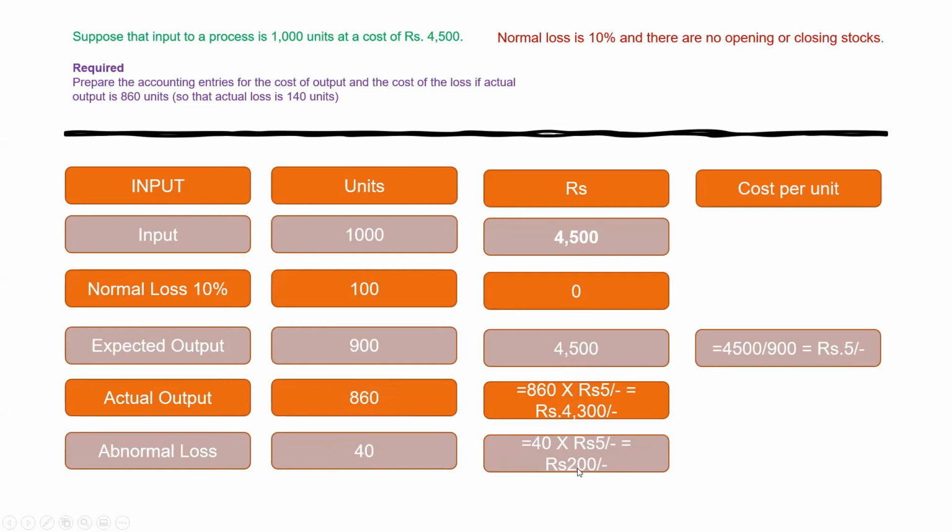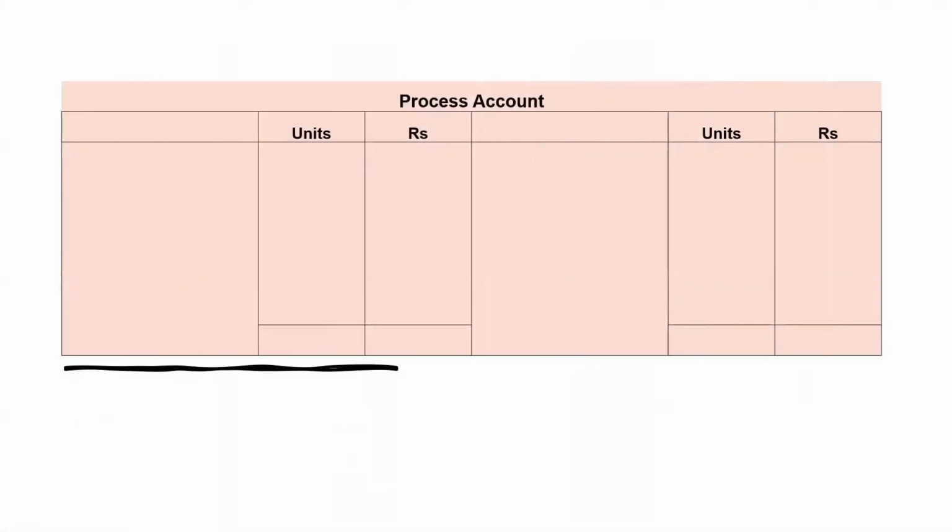Now let's move on to the process account. First of all, we'll take the input. Cost incurred for 1000 units is 4500. Then we'll take the normal loss, which we calculated as 10% on 1000 units. That is 100, with no cost allocated.